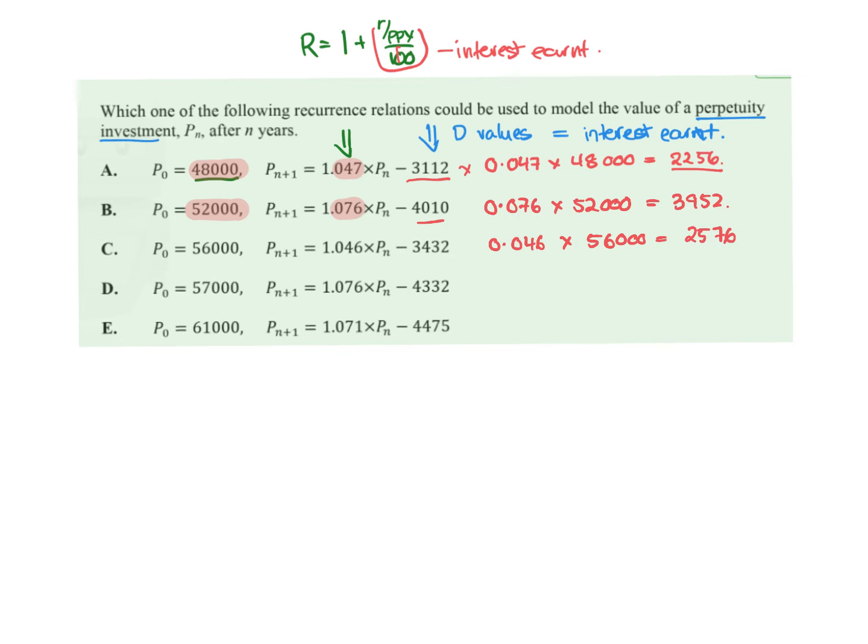So that was 2576, so it's not the same. The next one, 0.076 times 57,000. Okay, and I get 4332. So it does match that, so this one is the perpetuity. So whatever it gained, it's getting taken away, so the final balance will always be 57,000.